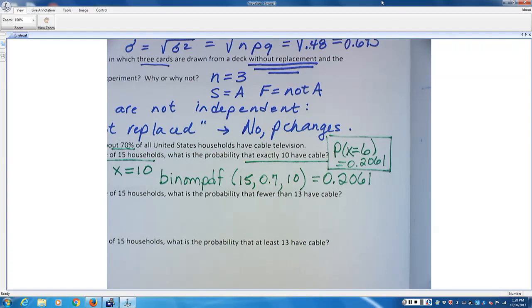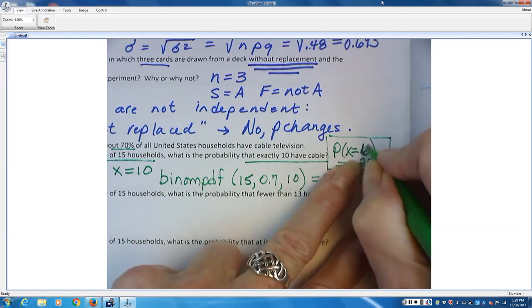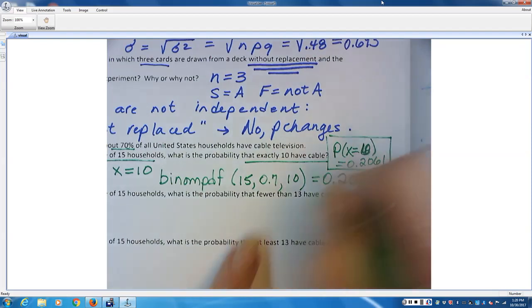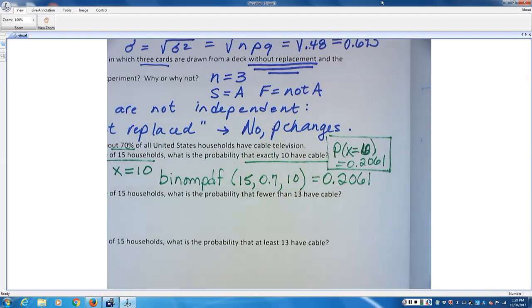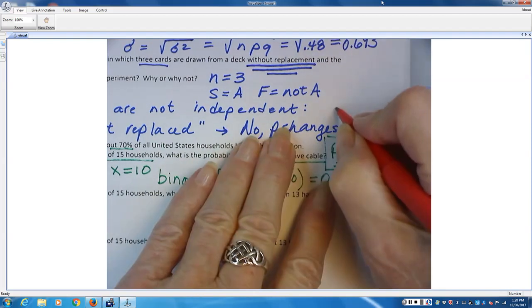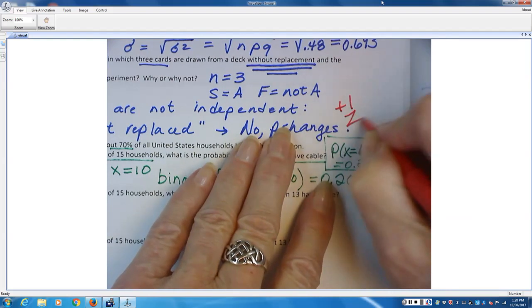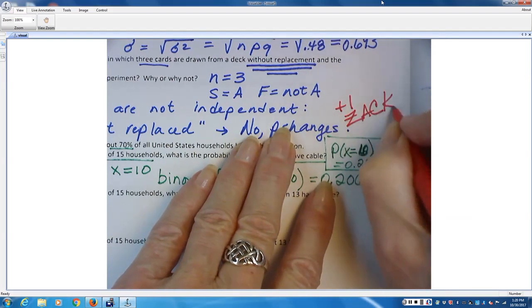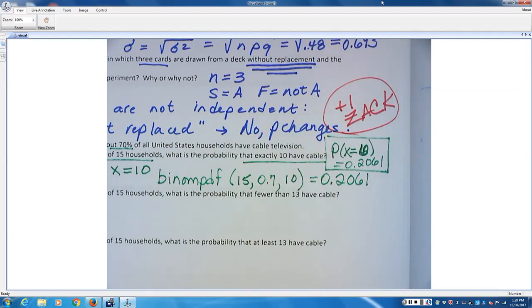I'm sorry, not 6, 10. Thank you. Get my bonus pen here. You get a bonus point for catching it. Okay? So the probability that X equals 10.